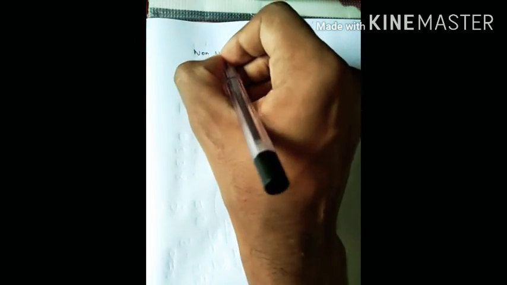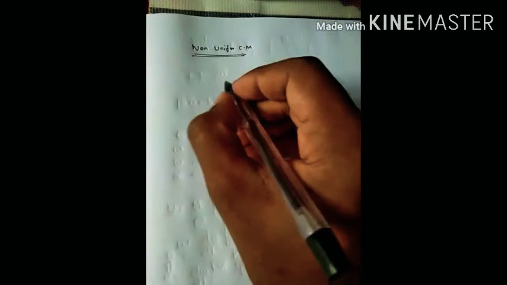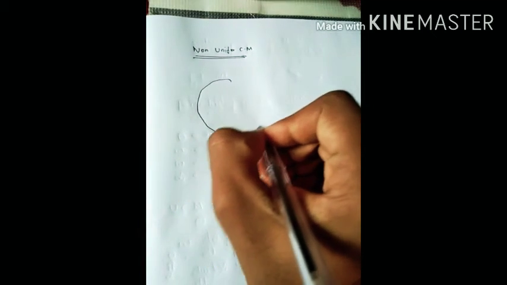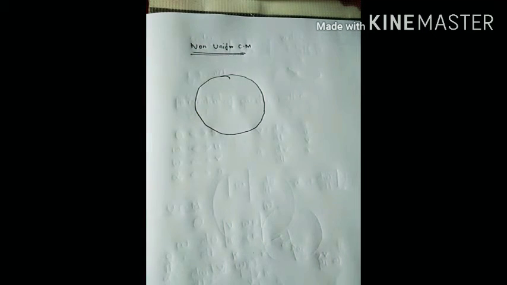Now what are we going to see? Non-uniform circular motion. That's what we are going to see here. Very easy. Here in non-uniform circular motion, what do we see in a uniform circular motion?